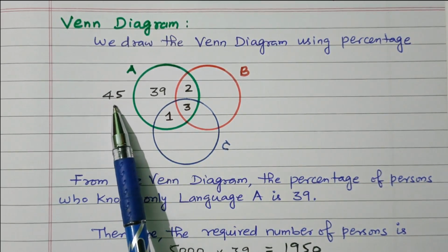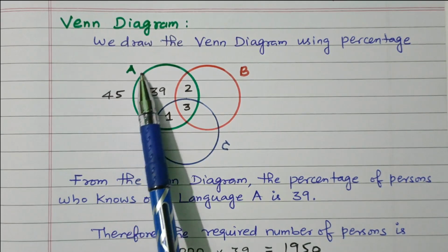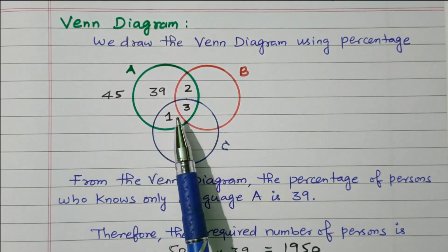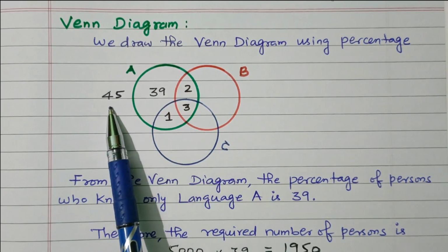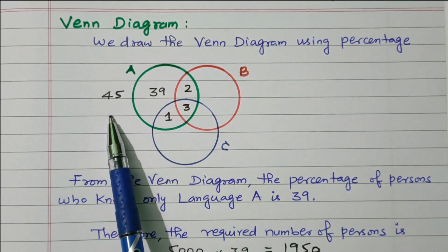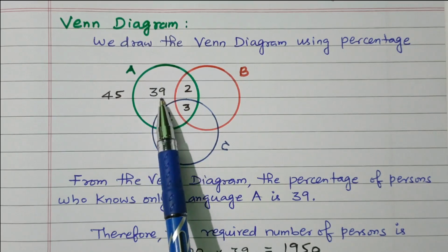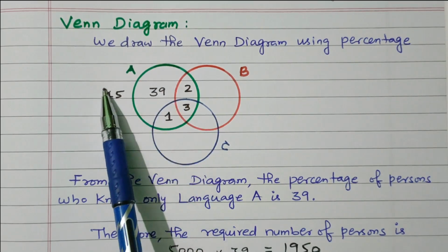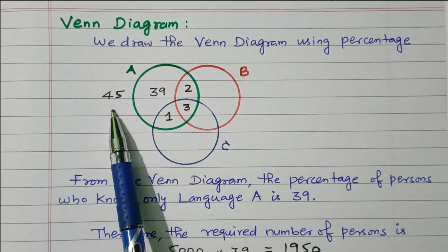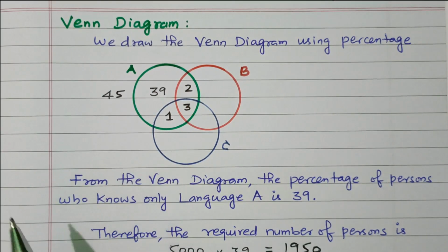45% of the population knows language A. Language A is known by 45%, but they may know B and C also, right? So we don't know how many of them know language A alone. This person knows language A, maybe they know language B and C also, right? So it is written outside, right?